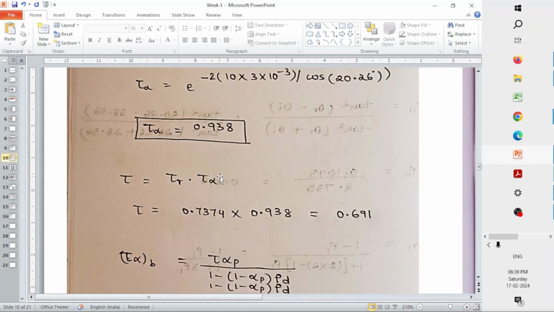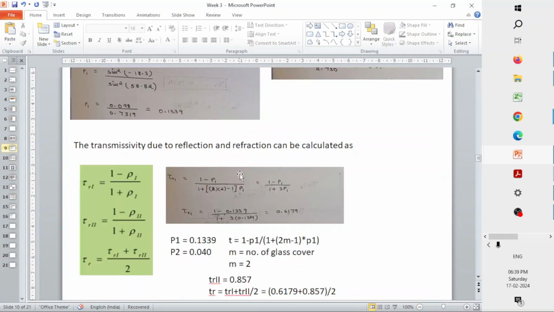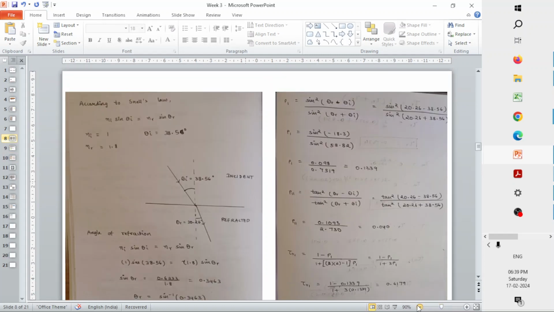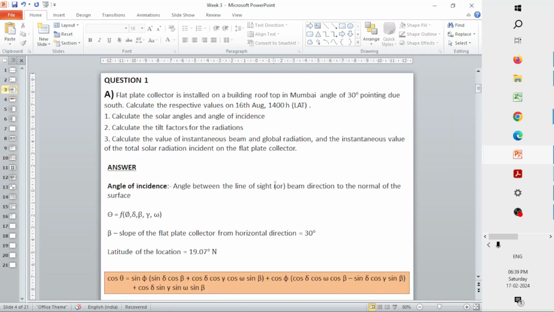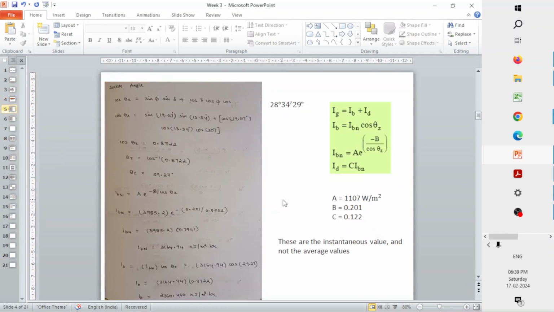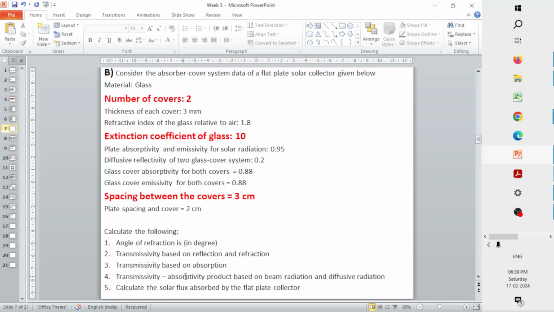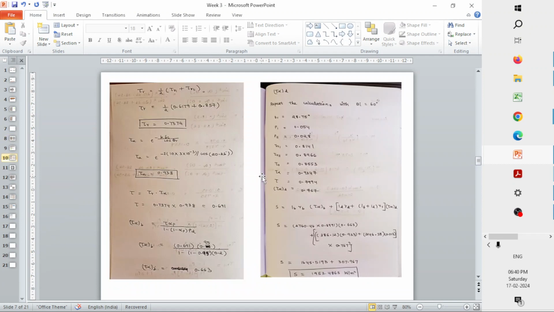Now you know the transmissivity due to the reflection and refraction, as well as that of the absorption. The question that we have next is, what will be the product of those? So this is the transmissivity-absorptivity product based on the beam and the diffusive radiation.